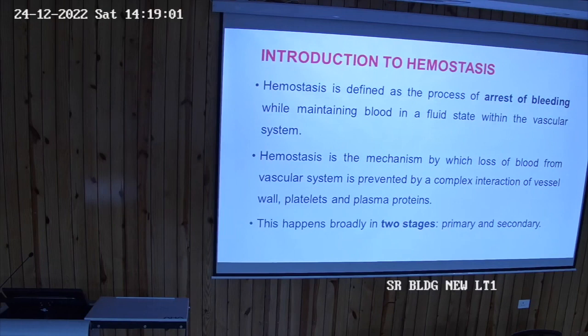Other than this, there are certain chemicals present, thrombomodulin, that will combine with another protein, so that will also inhibit the activity of clotting factors which are present in plasma. Total clotting factors are 13. These clotting factors are present, but they are not present in active form. They are present in inactive form.